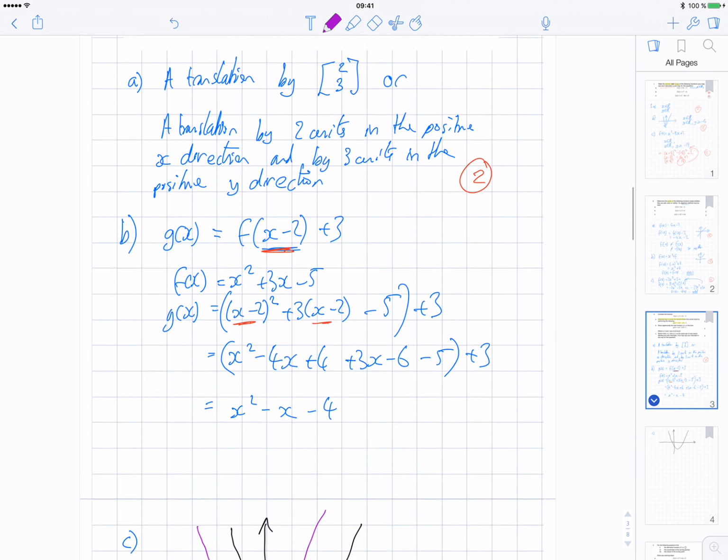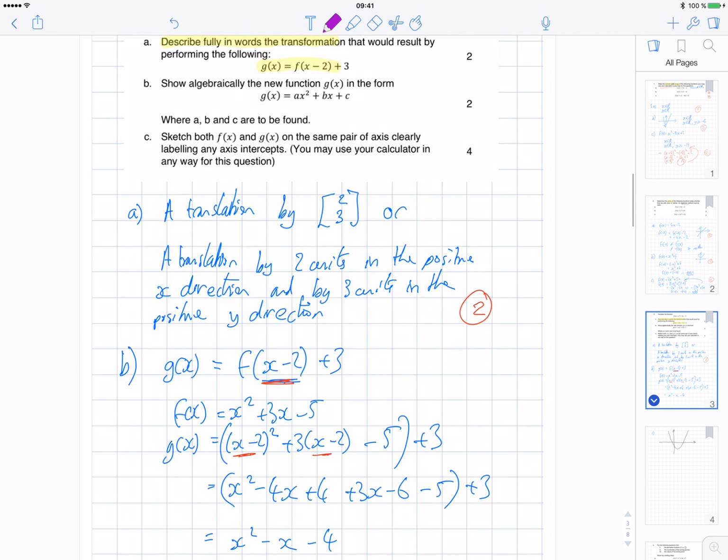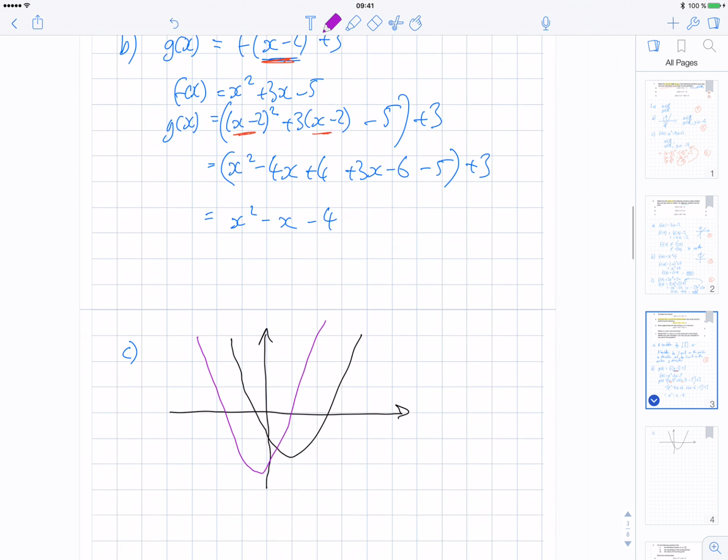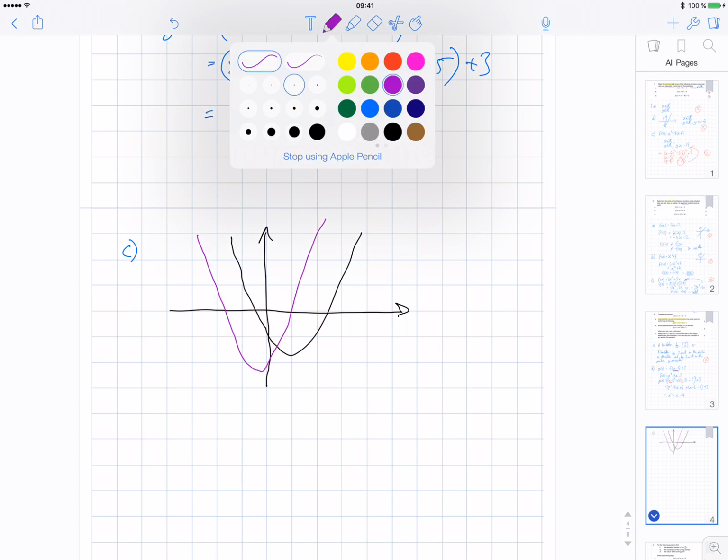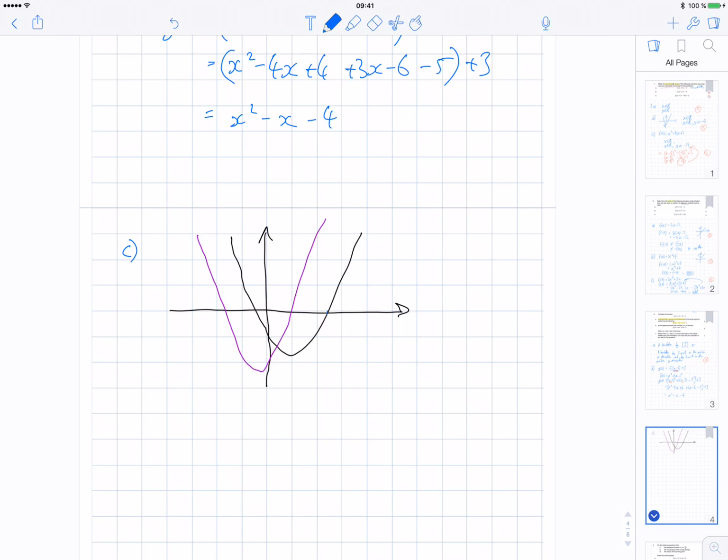Now what information did I want on it? Label any axis intercepts. So all I wanted was the axis intercepts. So I just want to have the following points: that point, that point, that point, that point, and that point, and that last one. So menu, analyze graph.